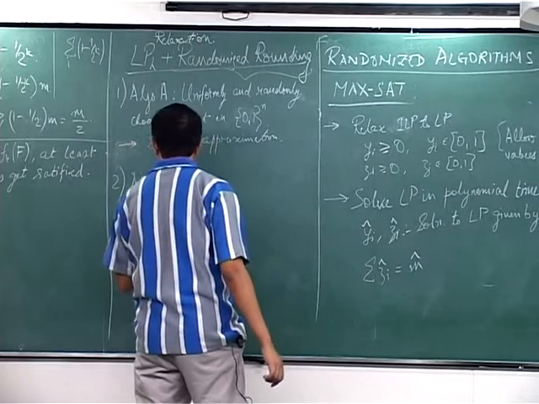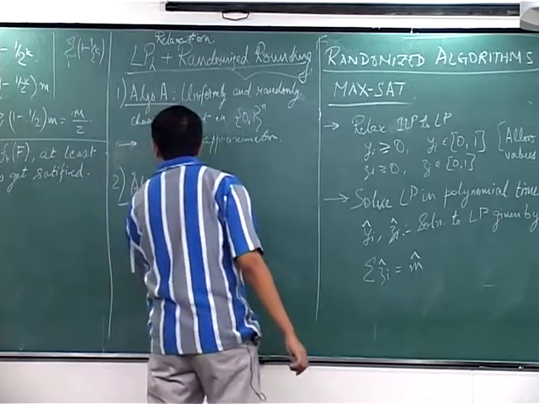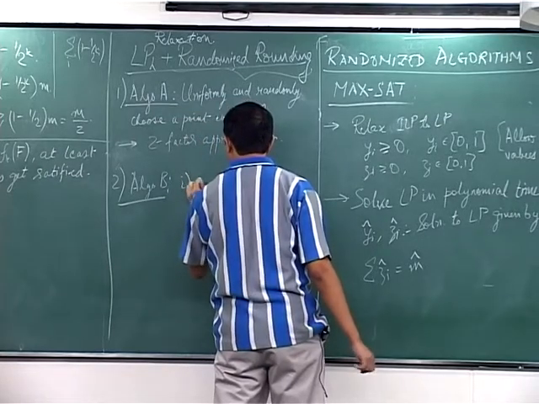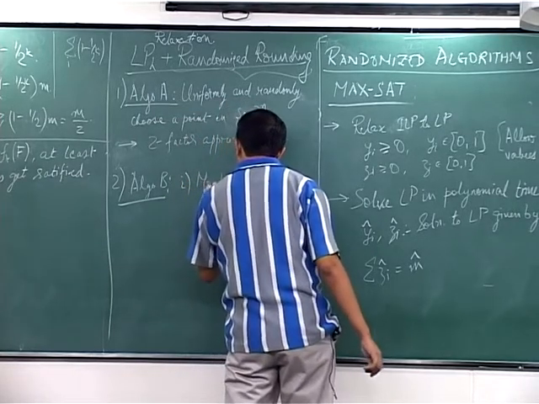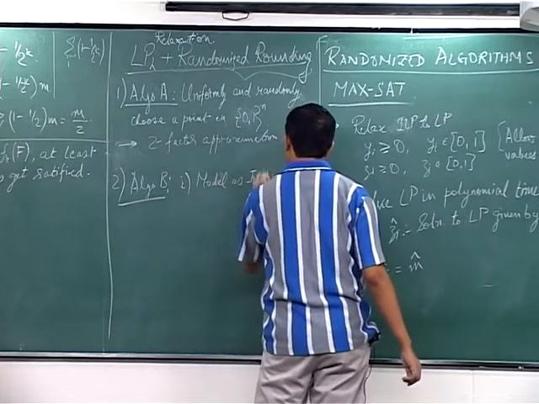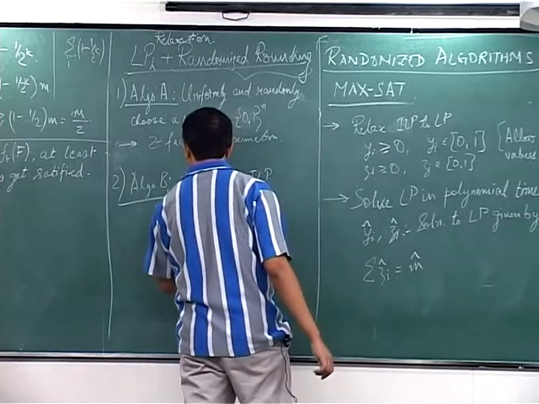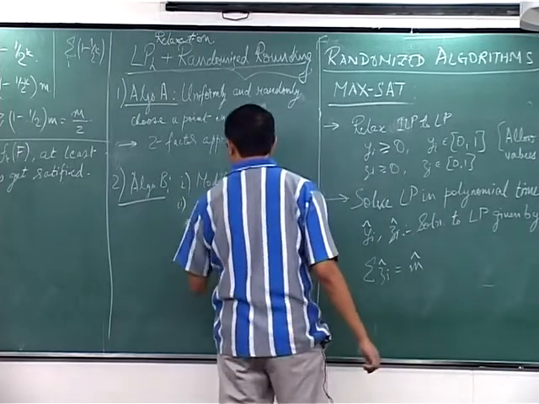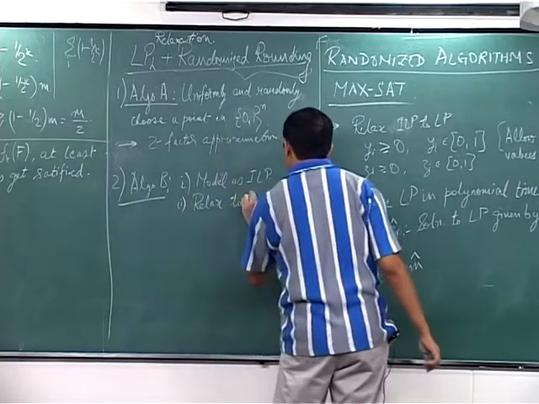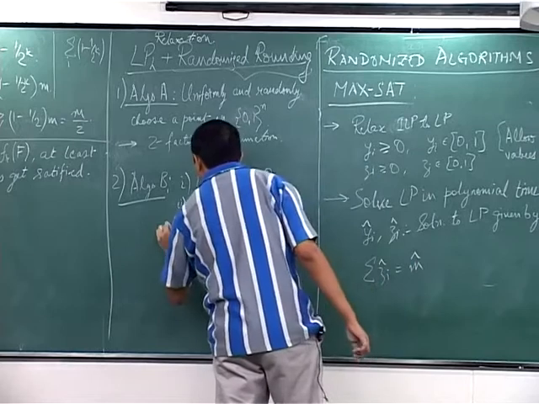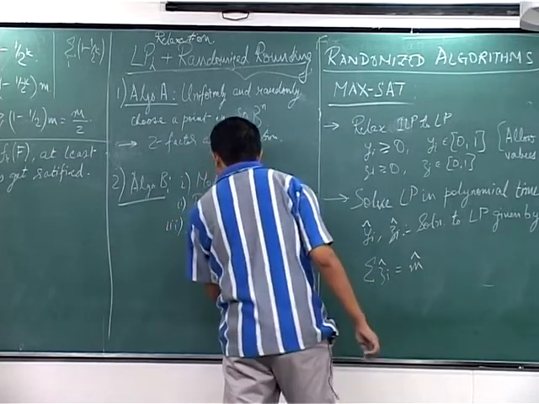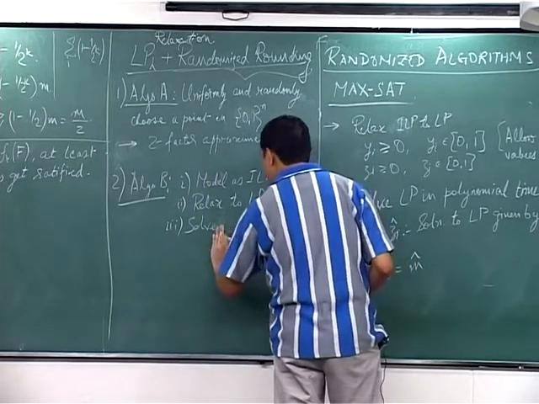you did some fairly complicated stuff. You wrote down an ILP, relaxed it into an LP, you solved the LP, and this is fairly complicated.